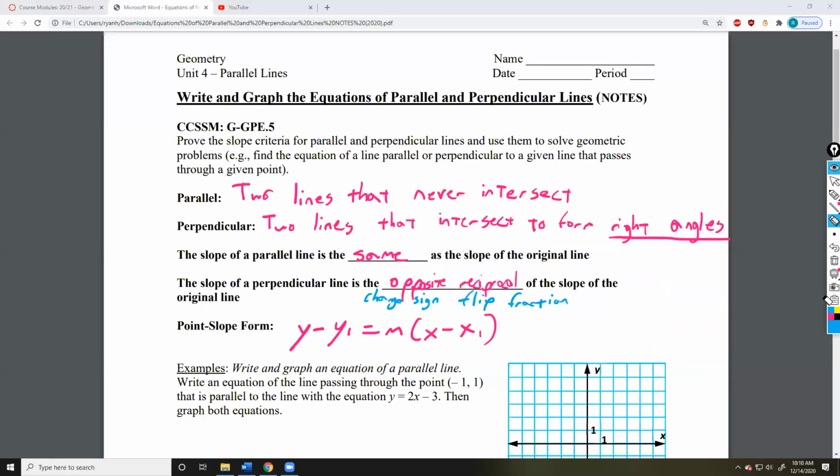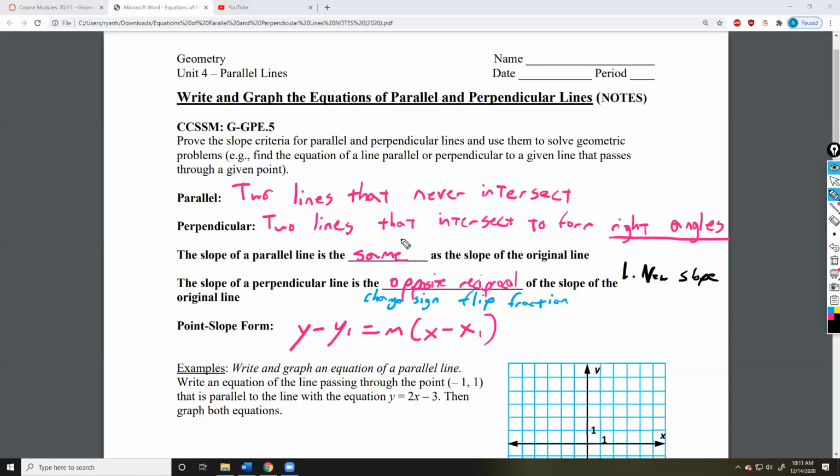So let's talk about how we're going to solve these. We're going to have a kind of step-by-step process here. Step 1, we're going to get our new slope. So if it's a parallel line, then that's going to be easy.